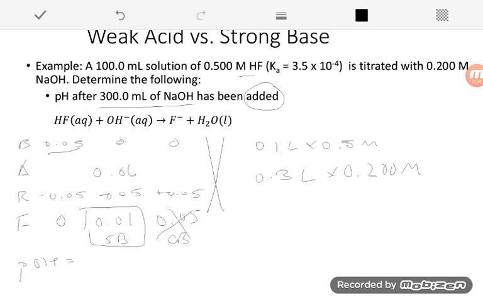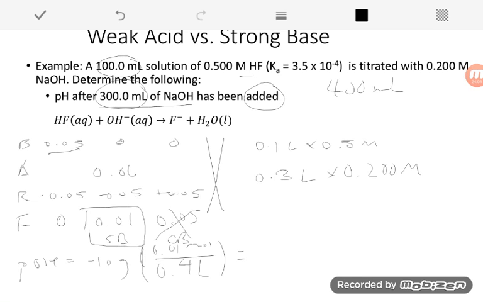So, strong base, really easy. Get my pOH first. Just going to take the negative log of the concentration. So on top we have that 0.01 moles of OH minus, and on bottom we have to figure out my total volume. I started with 100, I added 300, so I have 400 milliliters total right now, or 0.4 liters.